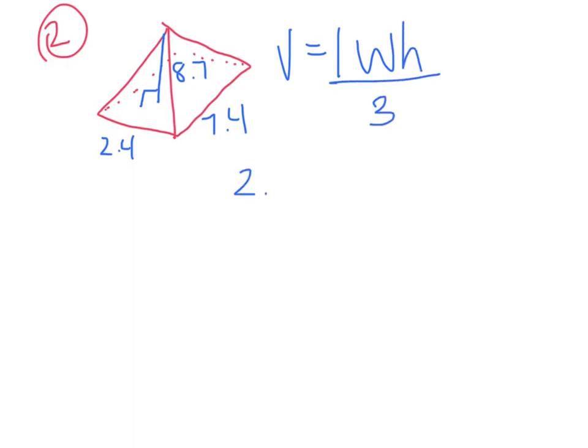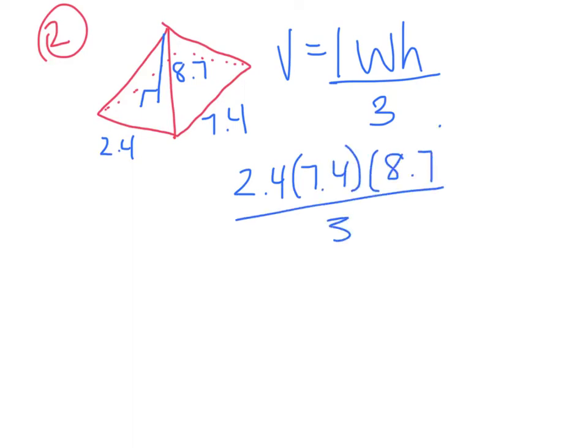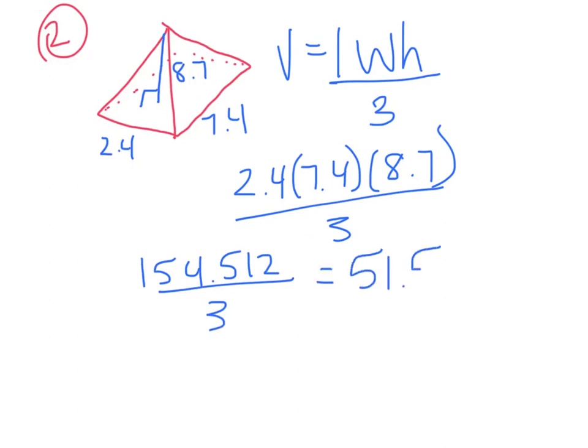So 2.4 times 7.4 times 8.7 over 3. So when you multiply the top, you get 154.512 over 3. That equals 51.5, we'll say centimeters cubed.